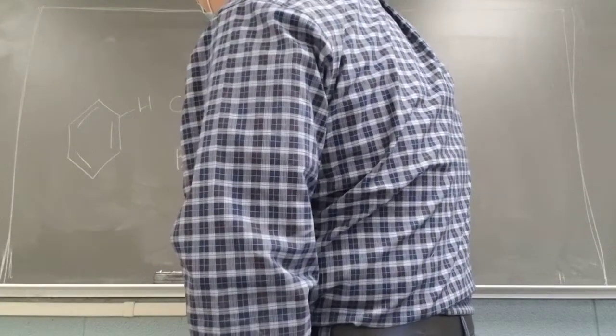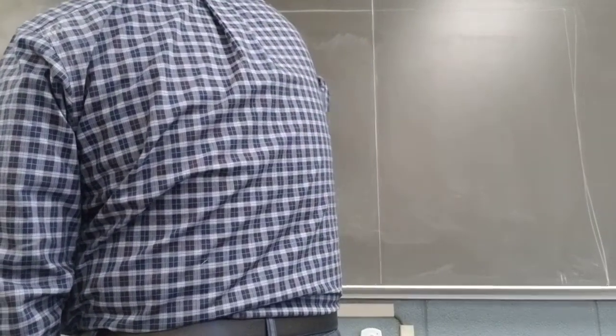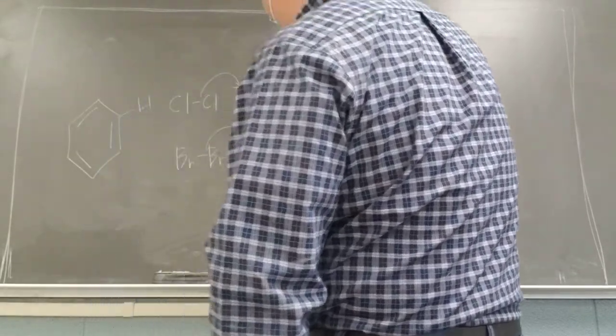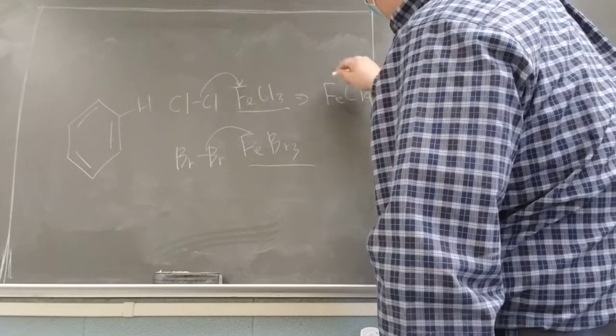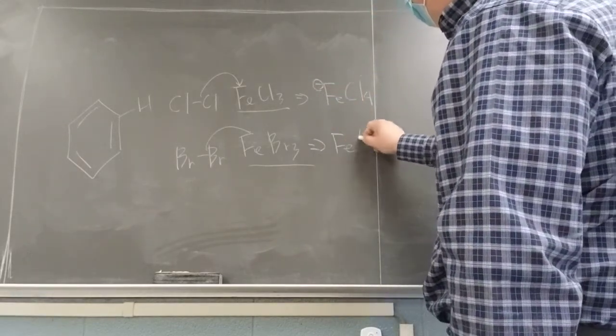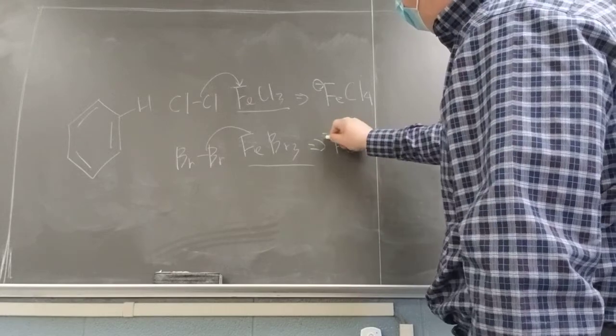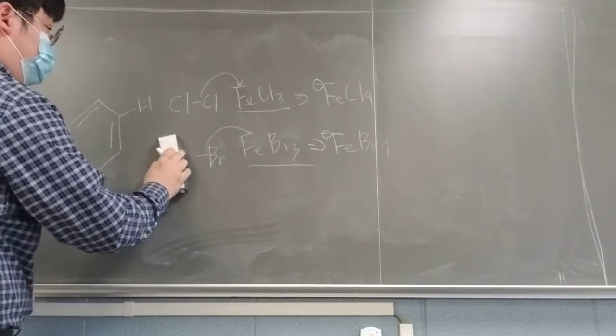So it goes to here, and then they become FeCl4 minus, FeBr4 minus.